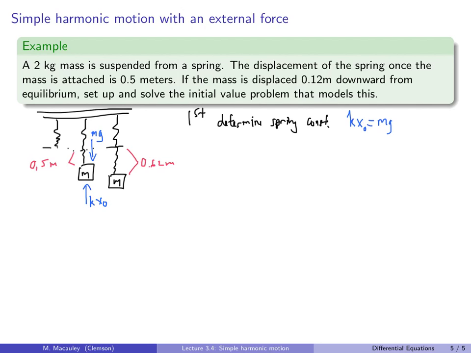So m is something we know. It's 2 kilograms. g is a constant, say it's 9.8. And then x naught is the displacement. That's 0.5. So k equals mg over x naught. And for this problem, I'm going to suppose g is actually 9.8.